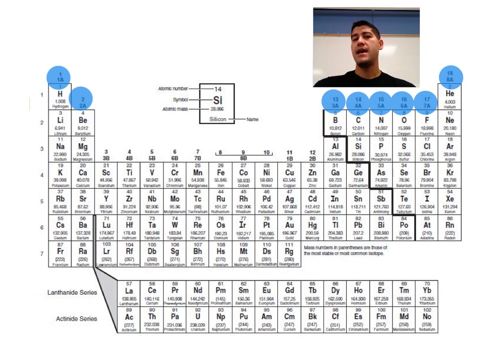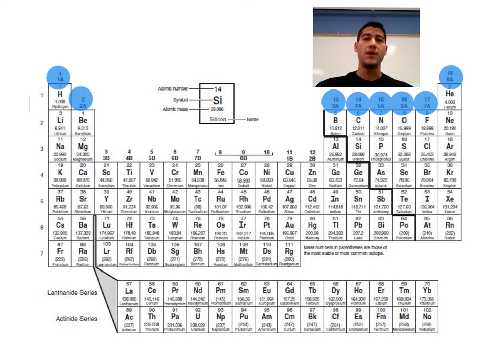Period 2 has 8 elements, or 8 group numbers, and so does period 3. The pattern begins again in period 3 with sodium in group 1A, then magnesium in group 2A, then aluminum in group 3A, silicon in 4A, phosphorus in 5A, sulfur in 6A, chlorine in 7A, and argon in 8A.